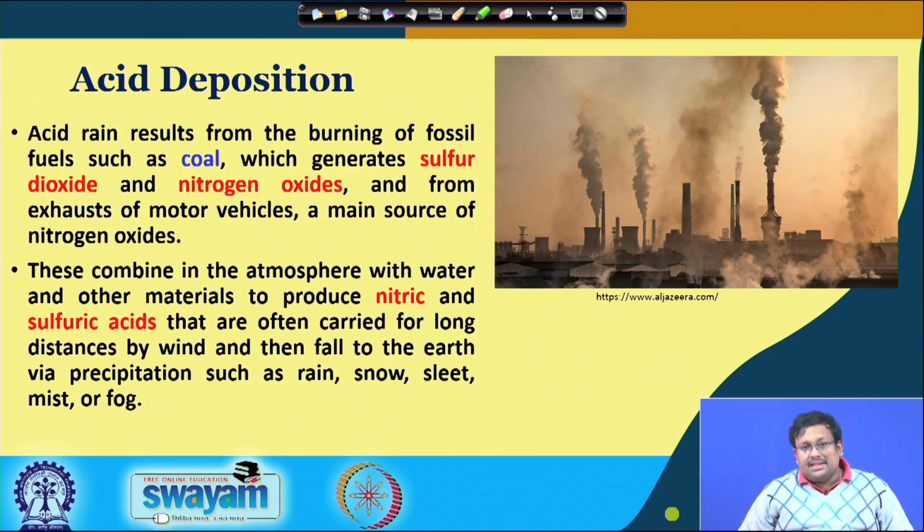As you can see in this slide, different industries produce huge amounts of smoke due to the burning of fossil fuels, which creates acid rain.